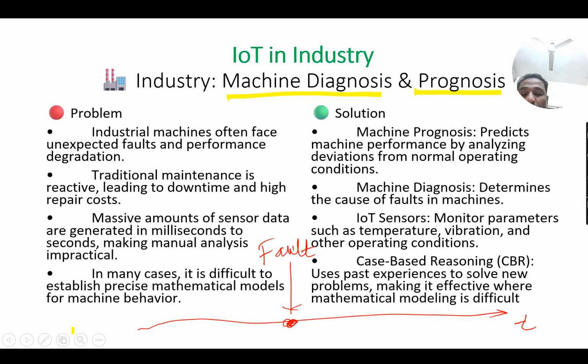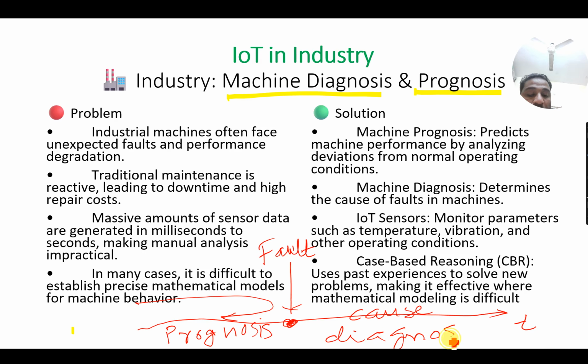If this is the time, whatever actions we take before the machine has broken down or faulted, we call prognosis. After the fault, if we are finding the cause of the fault, we call it diagnosis. The twist in prognosis is that before the machine goes faulty, we take necessary actions so that the machine does not fail.